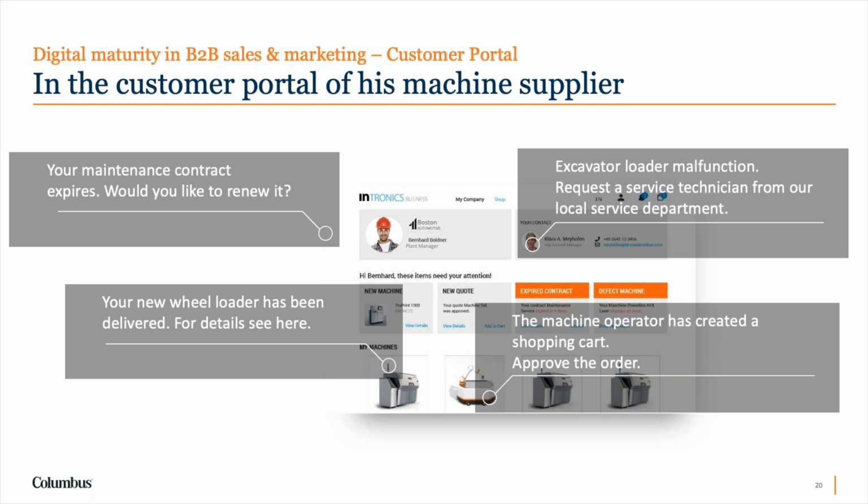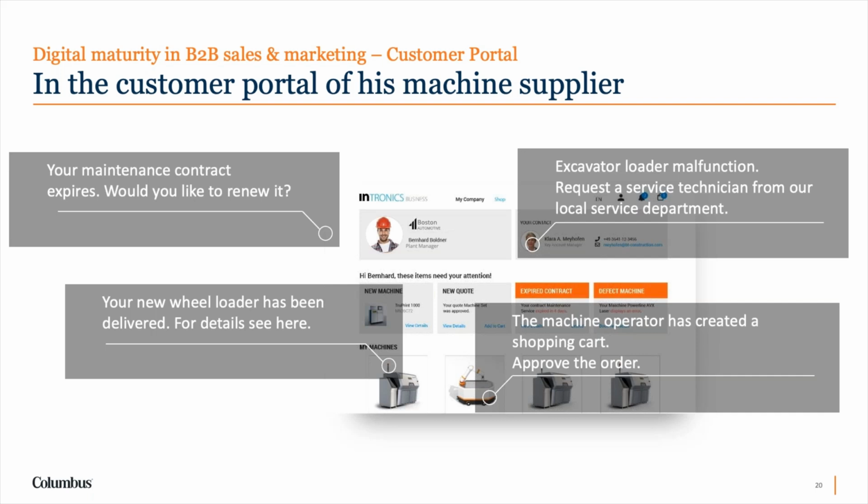For example: your maintenance contract is about to expire, would you like to renew it? Or the excavator has a problem, because we see it with the IoT. Request a service technician from our local service department. Here is the number, here is the cost of the intervention, and things like that. Or your order has been delivered.